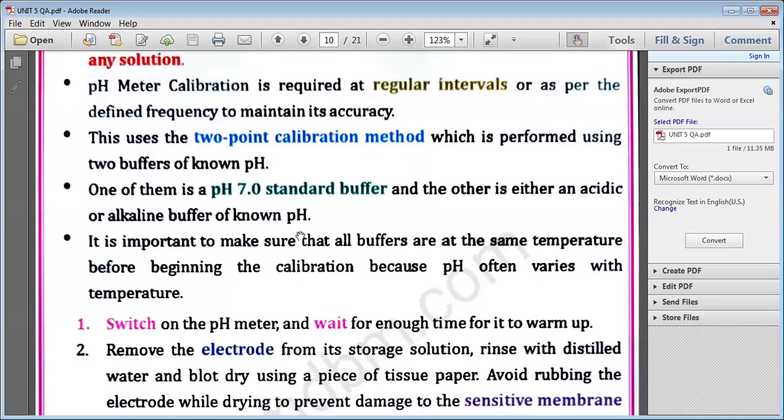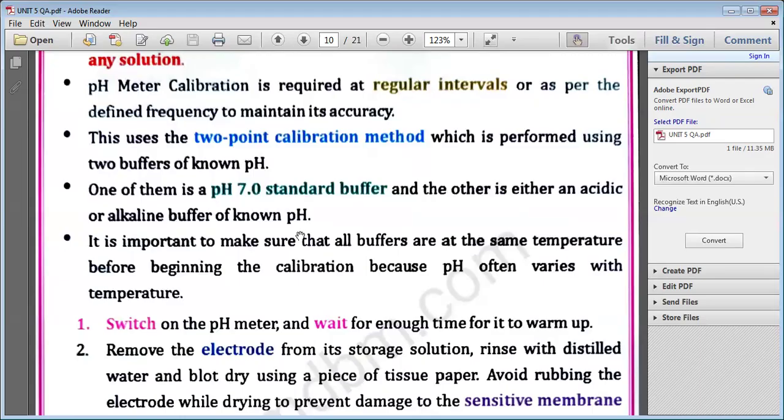After calibration, I have to give the tag that it has been calibrated at a particular time by using various standard buffer solutions, mentioning the batch number of the sachet of the standard buffers which I have used for the purpose of calibration, at what time I started the calibration, what the standard buffer value is, and what results were achieved after performing the calibration.